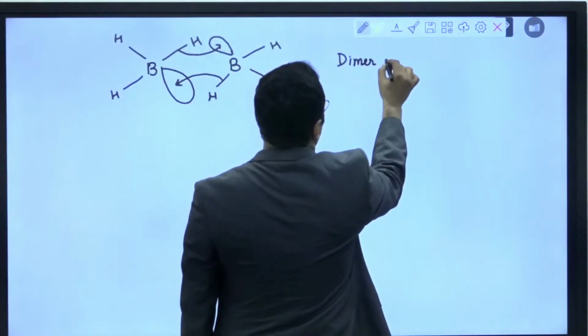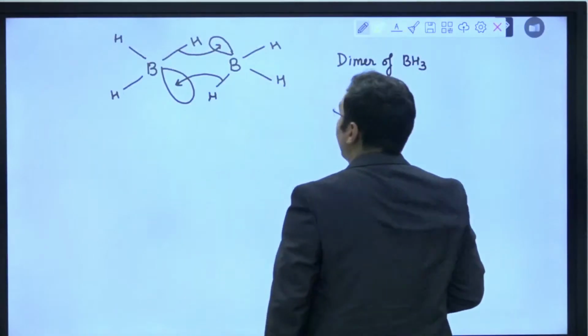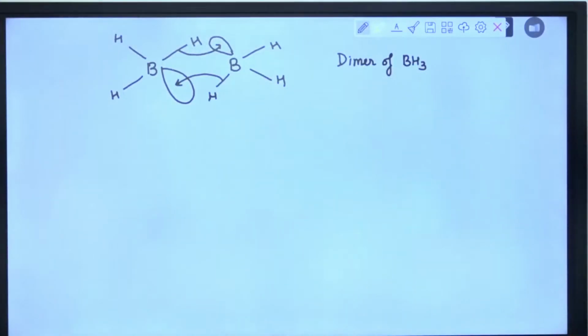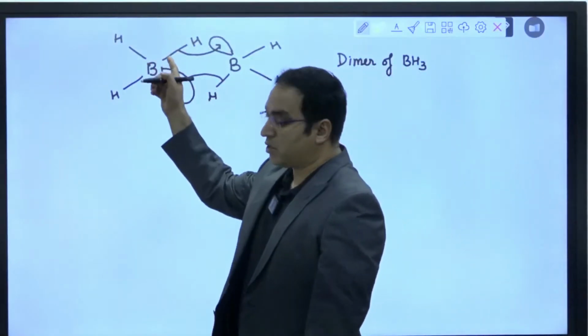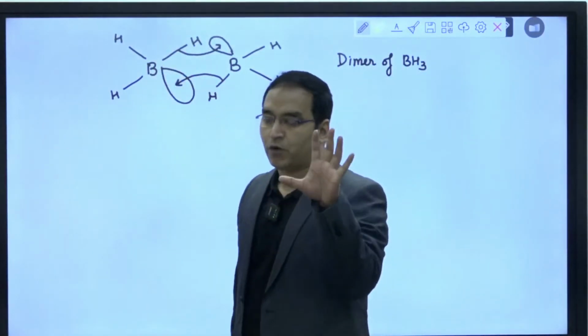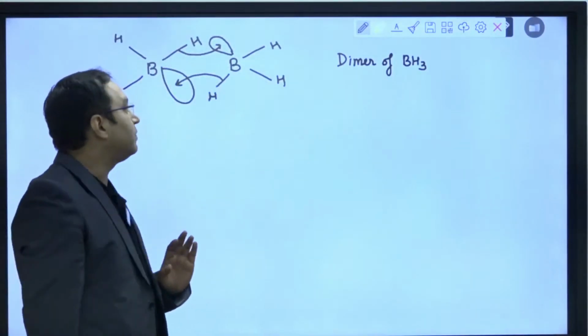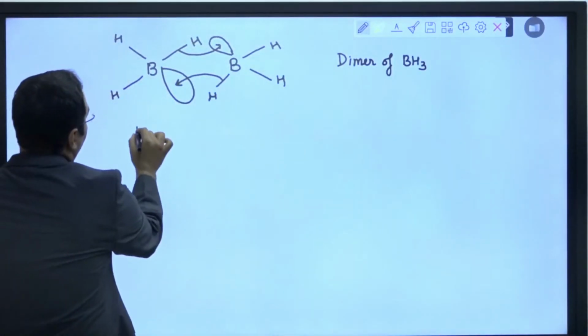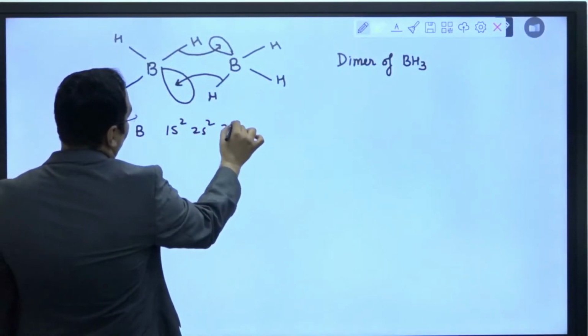Dimer means 2 units of BH3 are fused. Then B2H6 will form. Okay. So this is the structure of B2H6 and you know boron is 1s2, 2s2, 2p1. 5 electrons होते हैं boron में तो उसका structure होता है 1s2, 2s2, 2p1. All of you know that boron का structure.